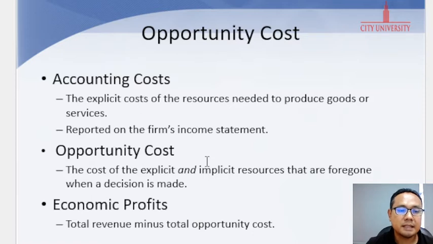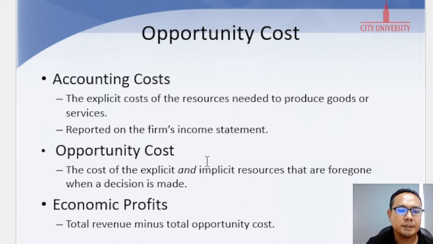That's something explicit, something you can see clearly, because you take out your money, that means you have to record how much you spend in order to produce your goods or services. Something tangible, reported on the firm's income statement.